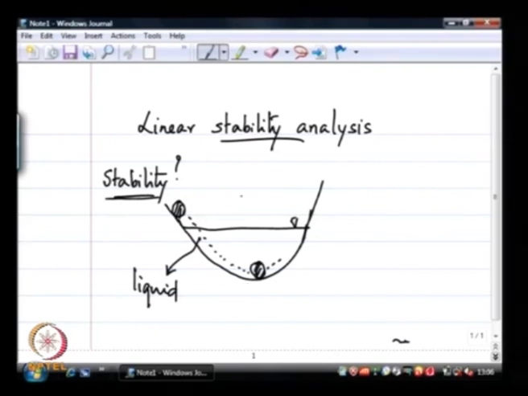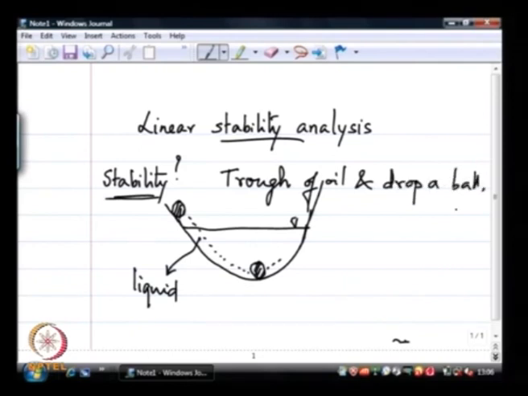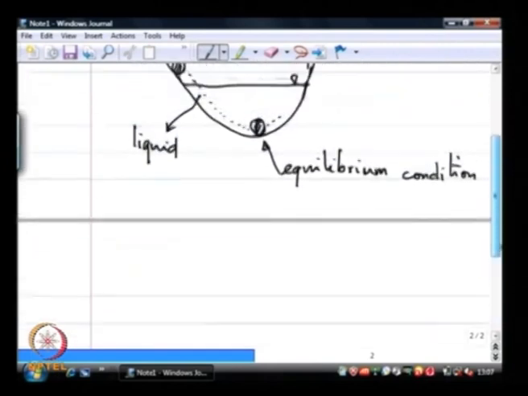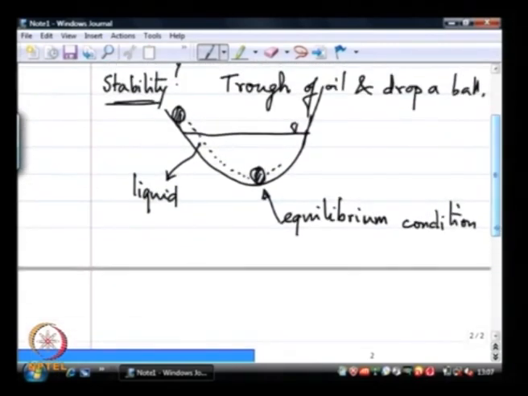Okay. So, if I take a trough of oil, then this is going to come to rest, and this is what we call the equilibrium condition. Okay.